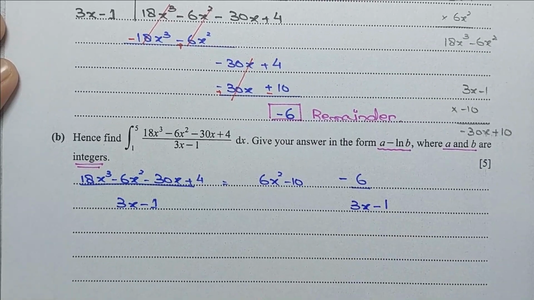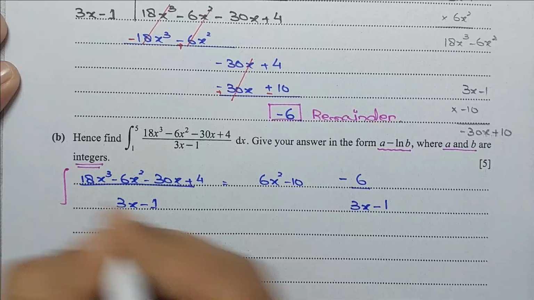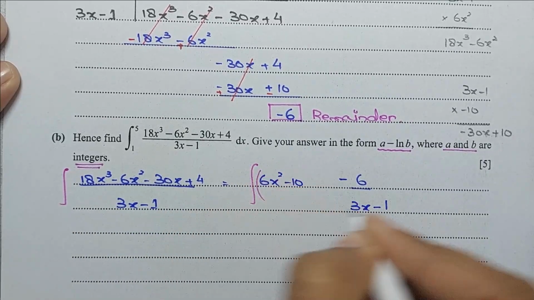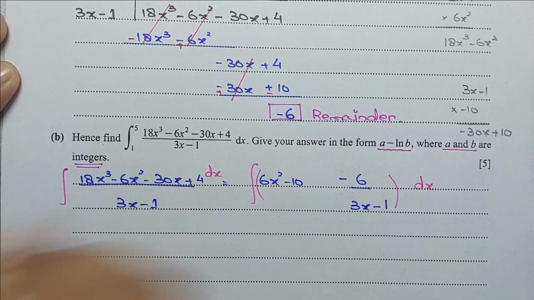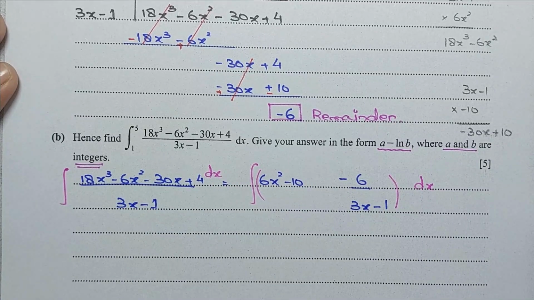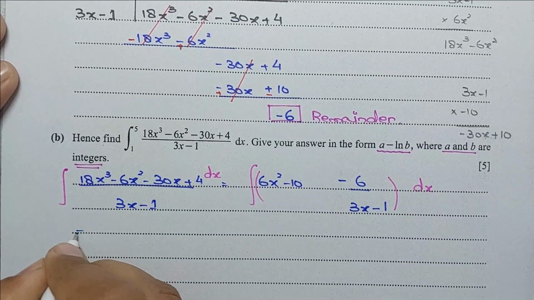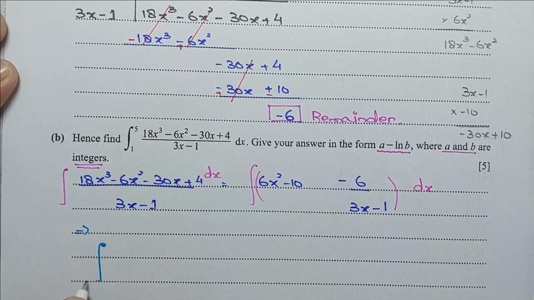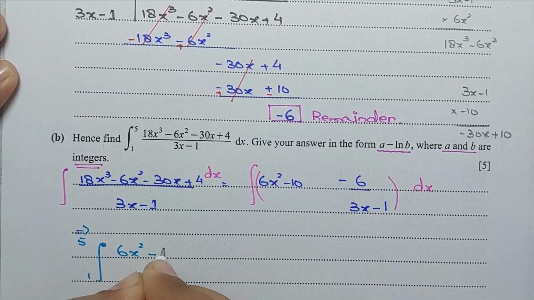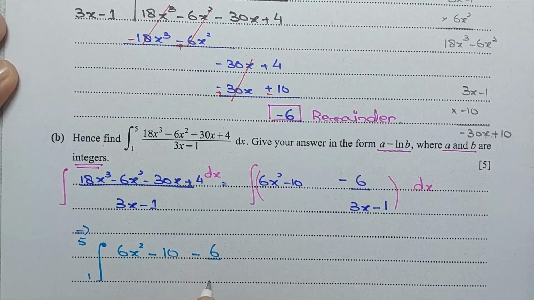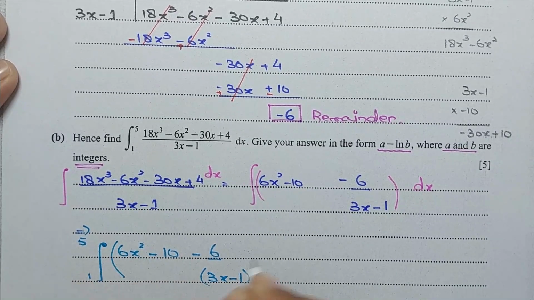We can write this as, right? Now, in order to integrate both sides, you need to integrate this expression with respect to dx. This implies we have the integration from 1 to 5 of 6x square minus 10 minus 6 over 3x minus 1 dx.